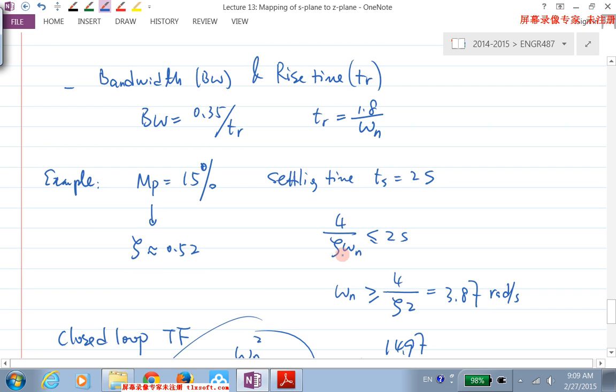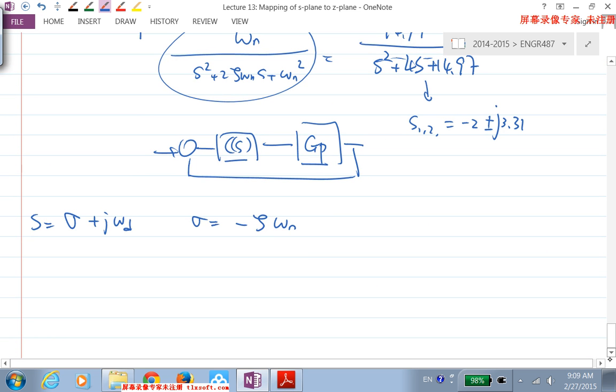The settling time Ts is 4 over zeta omega n, which means zeta omega n is 4 over Ts, which is negative sigma.